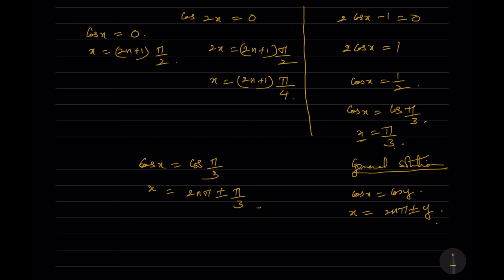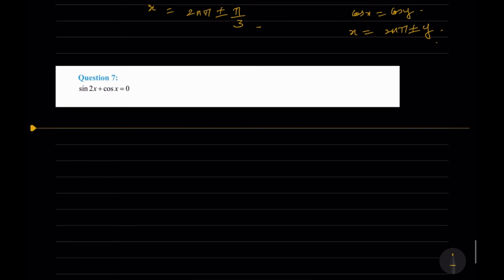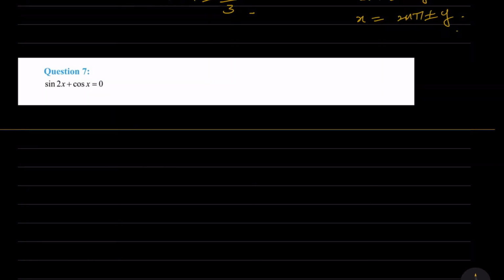What is the next problem? We'll see. Question 7: sin 2x plus cos x is equal to 0. Now you know that there is a formula for sin 2x. So we'll see what it is and then proceed accordingly. Here sin 2x plus cos x is equal to 0 is given to us.